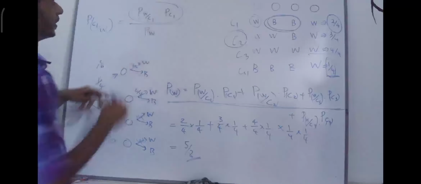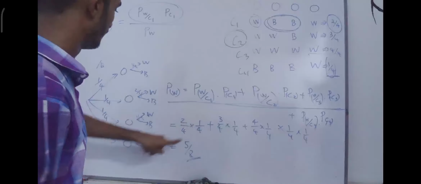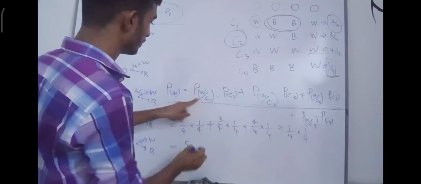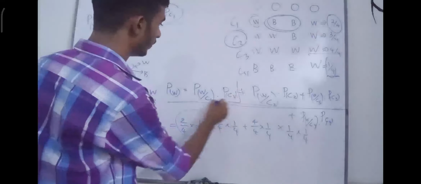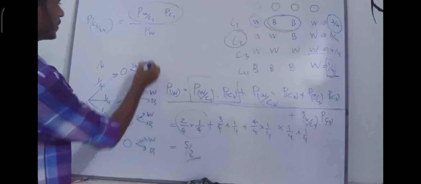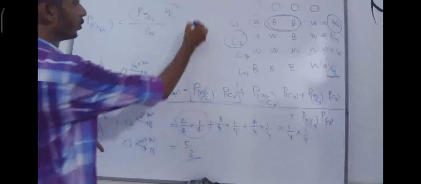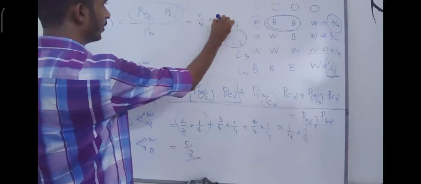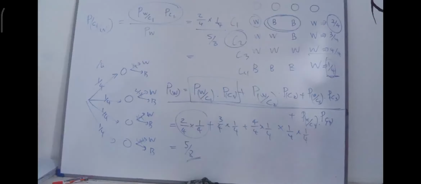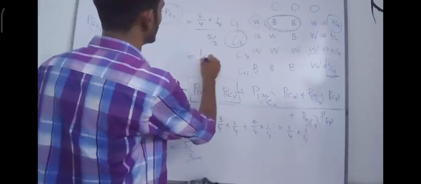We have already found out this one. Here. This one. Okay, you can see, I think. This one. So that is equal to 2 by 4 into 1 by 4 over the total probability 5 divided by 8. If you simplify, you would get the answer as 1/5.